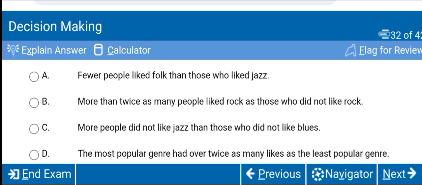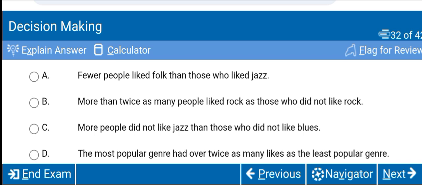Option A, fewer people liked folk than those who liked jazz. Option B, more than twice as many people liked rock as those who did not like rock.